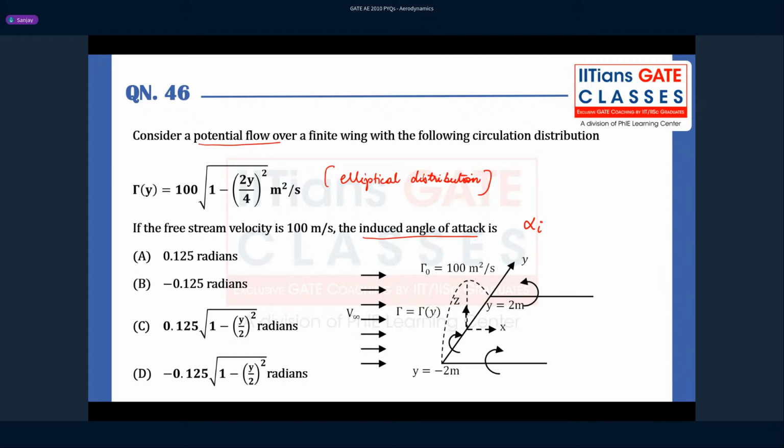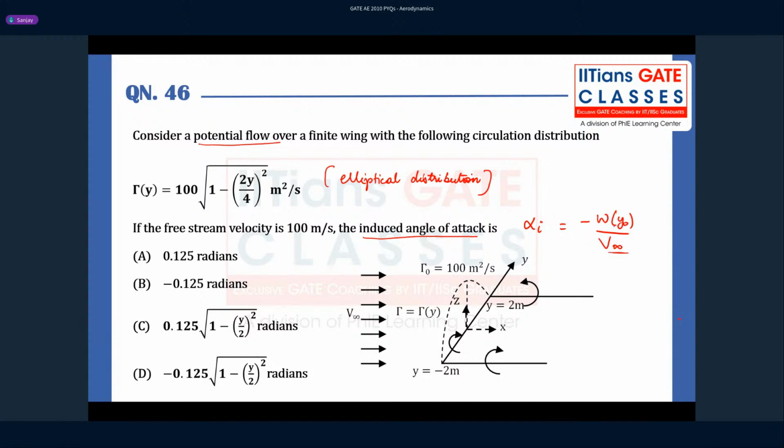So how will you find out induced angle of attack? You know, induced angle of attack is given by minus w of y naught by V infinity. Okay, what is w of y naught? This is the downwash. So it is the downwash by velocity that gives you induced angle of attack. So the free stream velocity is already given to you, but you have to find out the downwash, right?